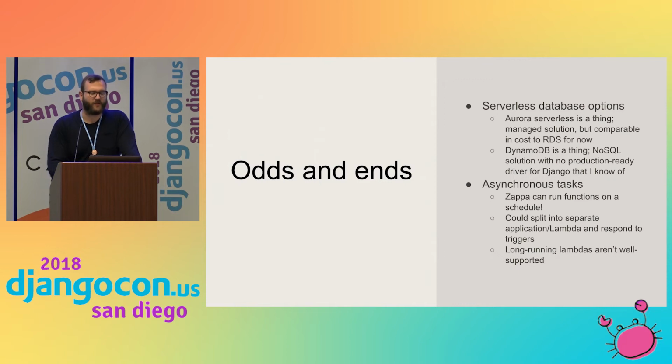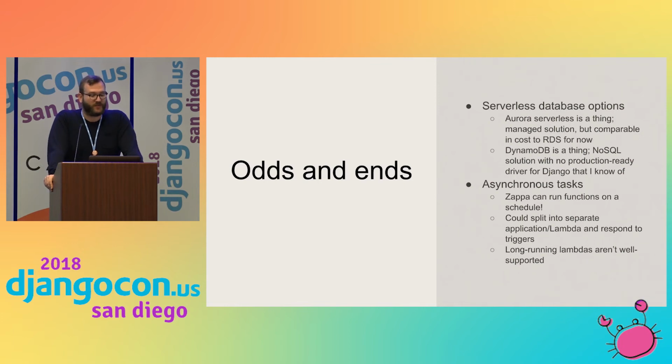And a couple of odds and ends too are serverless database options. Amazon did release Aurora Serverless recently. That's their MySQL compatible product. And it's a managed solution, but the cost is really comparable to any of their other database solutions at the moment. So there wouldn't necessarily be a price gain there, although you might still like the managed solution facet of it.